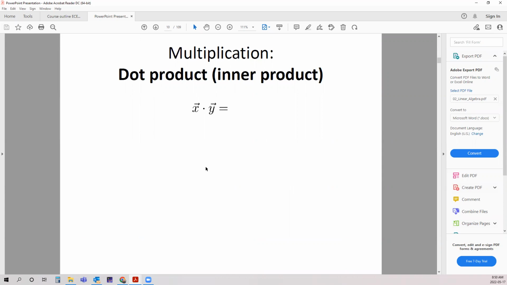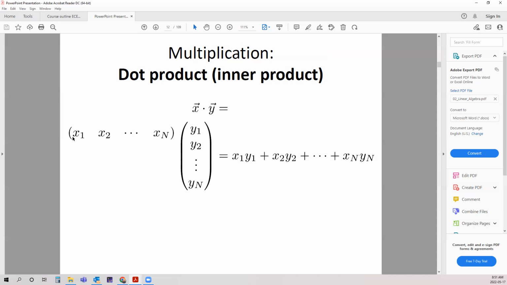The dot product, or what we call the inner product: if we have the product of vector x and vector y, so x1, x2 to xn times y1 to yn, you know there is a rule for multiplication that the number of columns of the first should equal the number of rows of the second. You need these rules in different stages; you have to know them.